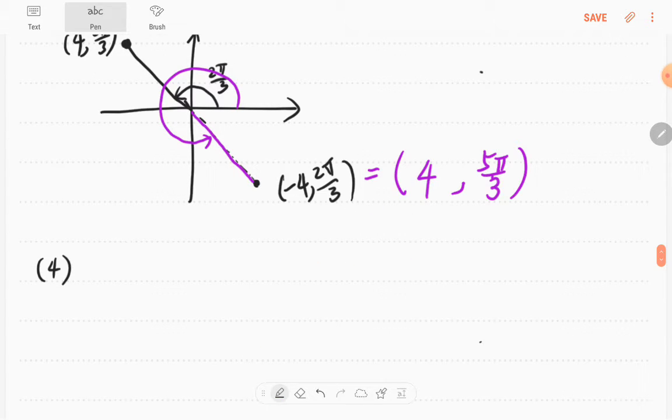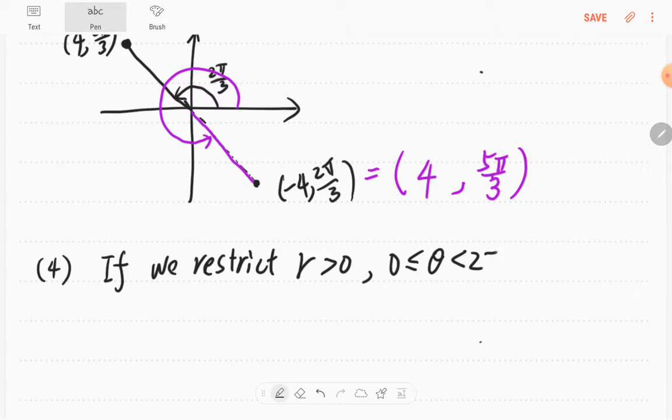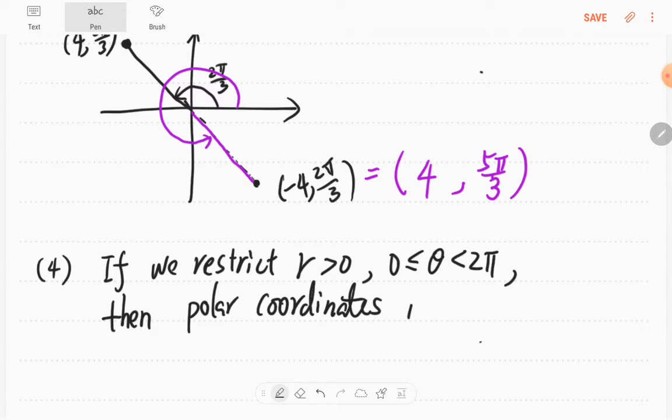Remark 4. Since the polar coordinates are not unique, sometimes it's not easy to use. But if we restrict r to be positive and theta to be greater than or equal to 0 and less than 2 pi, then the polar coordinates are unique.